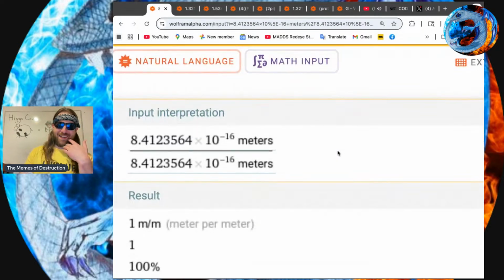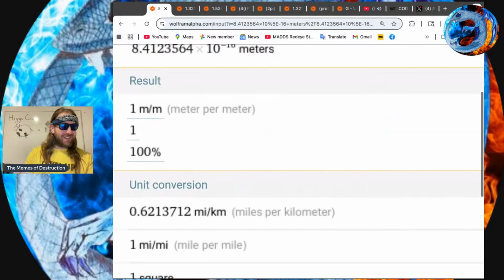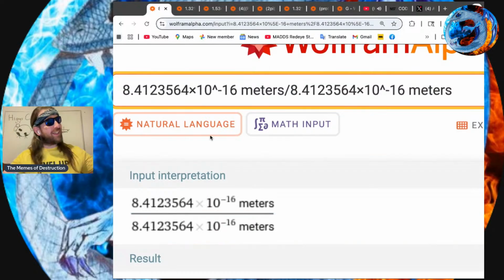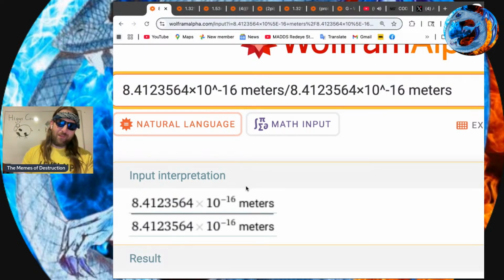I mean, you can see it's literally 1. Or it's at least 1 according to this calculation, to 1, 2, 3, 4, 5, 6, 7, 8 significant digits. Because if we're calculating its Compton wavelength via the speed of light, that only goes to 9 digits. And if you want, it could keep going, but it's just going to make up a whole bunch of random stuff, because it's going to treat it as zeros, and we don't know that.